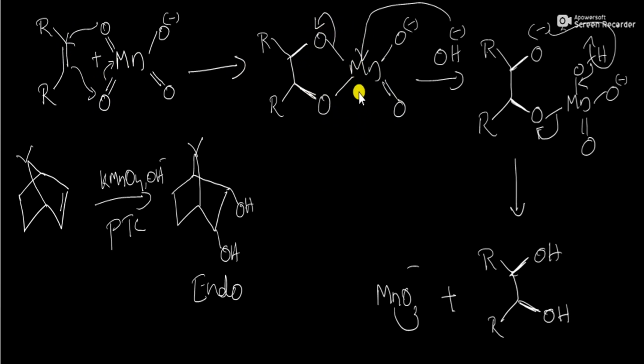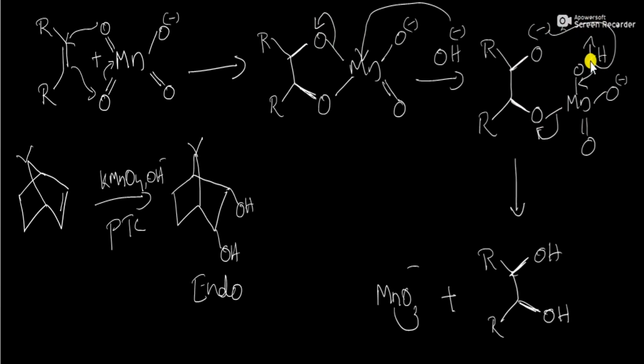and it will undergo the substitution of OH group to manganese. This manganese to oxygen bond will break into oxygen, and it will be converted into this structure. And this negative charge attacks this H plus.